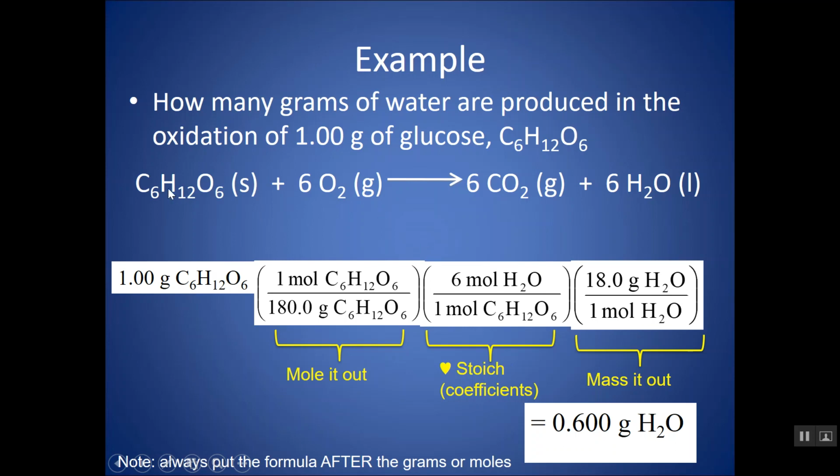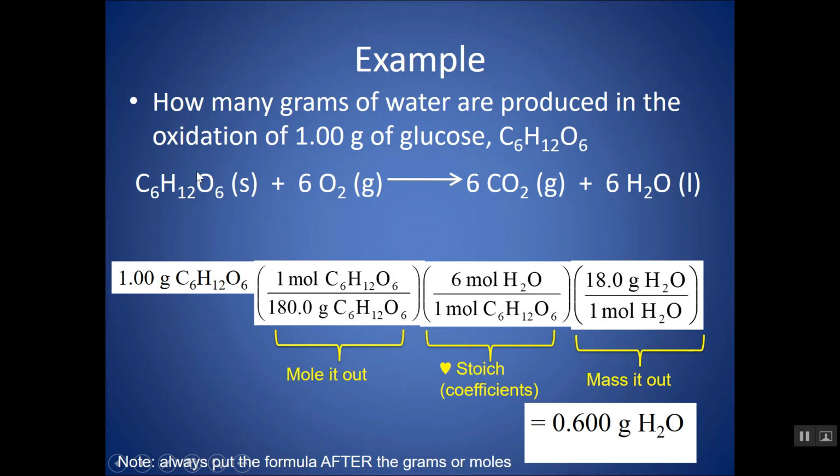Now notice that I'm only touching the coefficients at one point in these conversion factors, in this one conversion factor that I have labeled as stoichiometry, when I'm going from moles of one thing to moles of another. Notice in these 2 conversion factors, where I'm changing from grams into moles or moles into grams, I am only telling the molar mass associated with 1 mole.